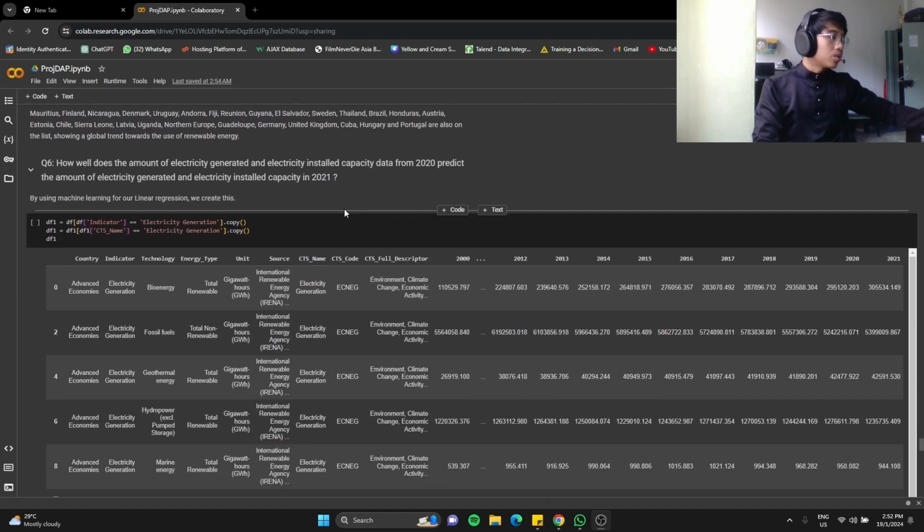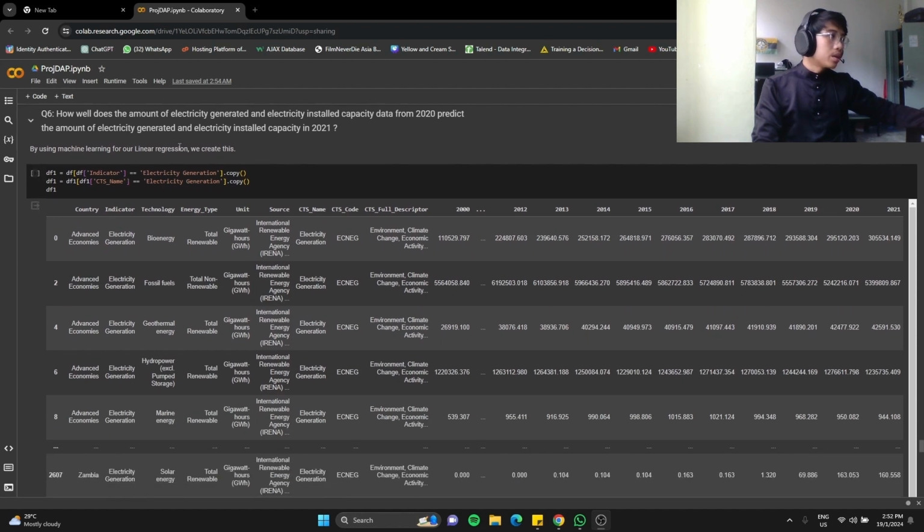And then we proceed to question 6. How well does the amount of electricity generated and electricity installed capacity data from 2020 predict the amount of electricity generated and electricity installed capacity in 2021? Here we're using machine learning, which is the linear regression algorithm.